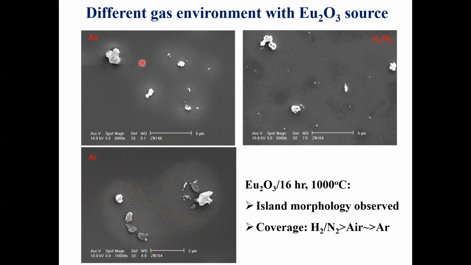So argon and air look very similar, although this is a much higher magnification. You can see the scale bar there, 2 micron versus 5 micron. But in hydrogen, nitrogen, it's much more robust. It's well spread. And so what we found is that the coverage is maximum in hydrogen, nitrogen, then in air, and then least in argon.